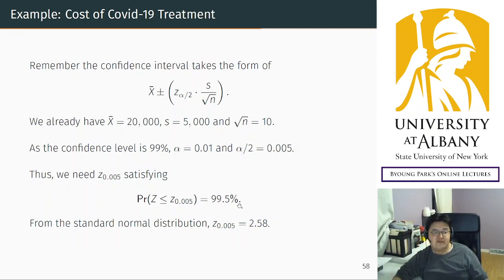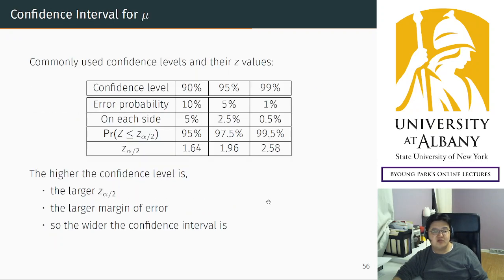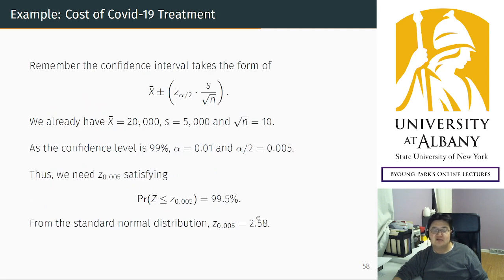So you have to find a value that satisfies this probability. And you may simply take this number, 2.58, approximately 2.58. Then you know all the numbers.